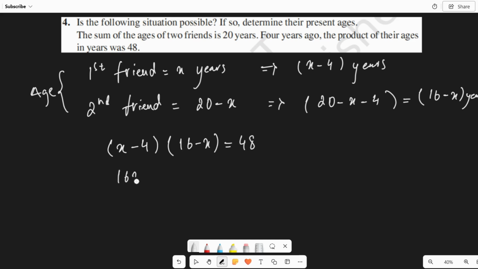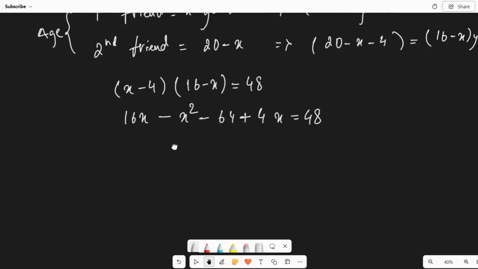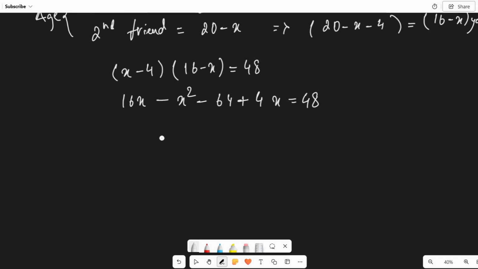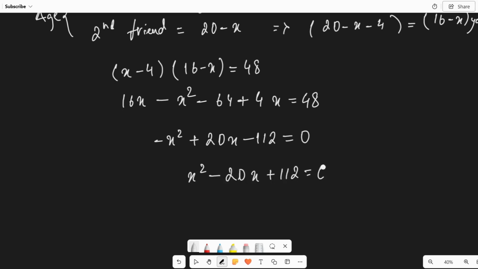That becomes 16x minus x square minus 64 plus 4x is equal to 48. Now rearranging terms, we get minus x square plus 20x minus 112 is equal to 0, that becomes x square minus 20x plus 112 is equal to 0.